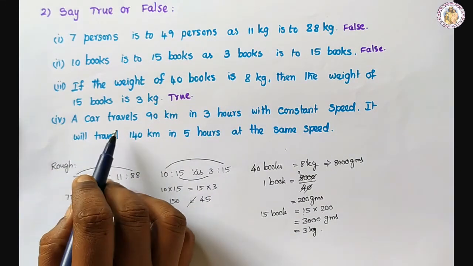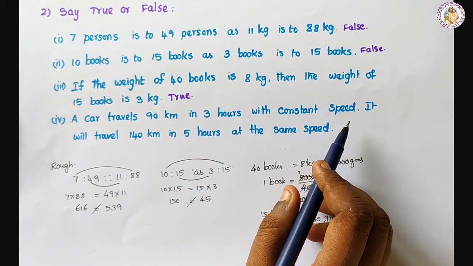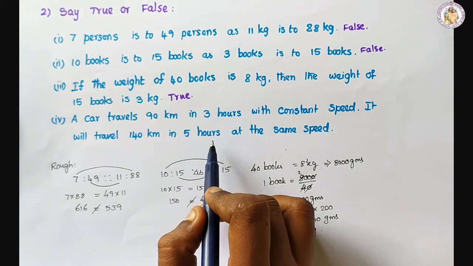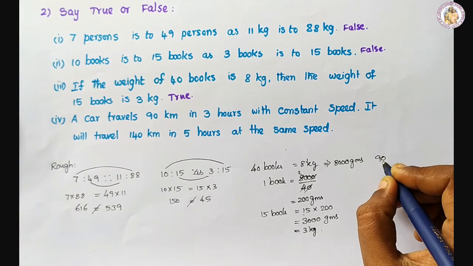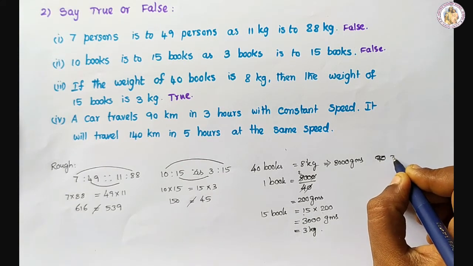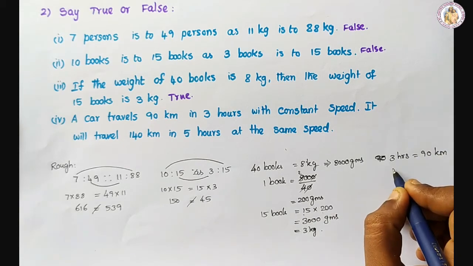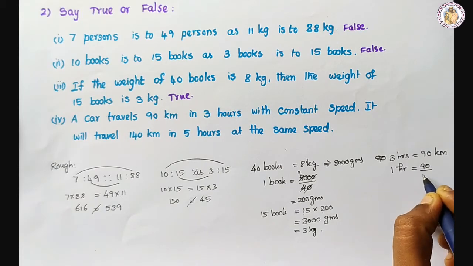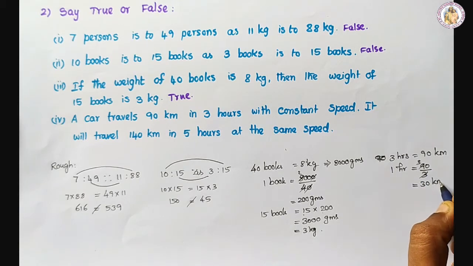Next, a car travels 90 kilometers in 3 hours with constant speed. It will travel 140 kilometers in 5 hours at the same speed. Listen, 90 kilometers in 3 hours. So 1 hour equals 90 divided by 3, 3 and 9 cancelled, 30 kilometers in 1 hour.